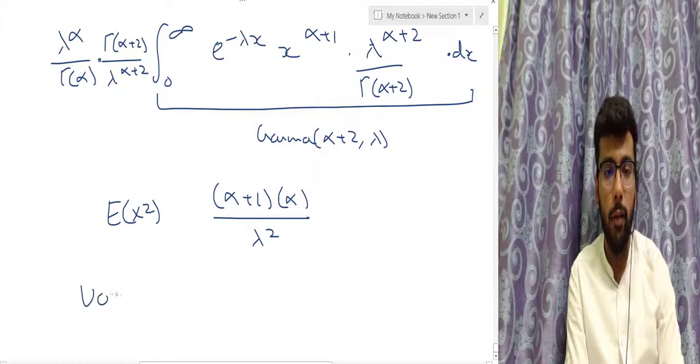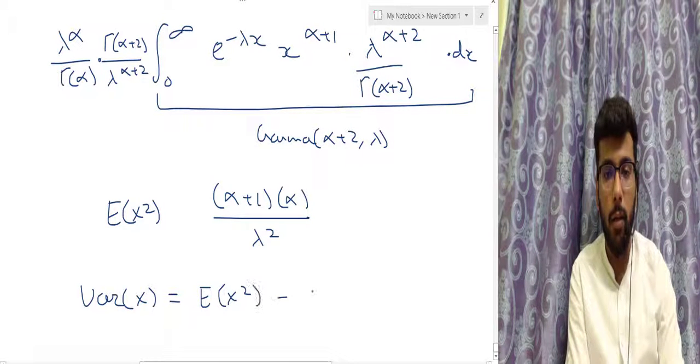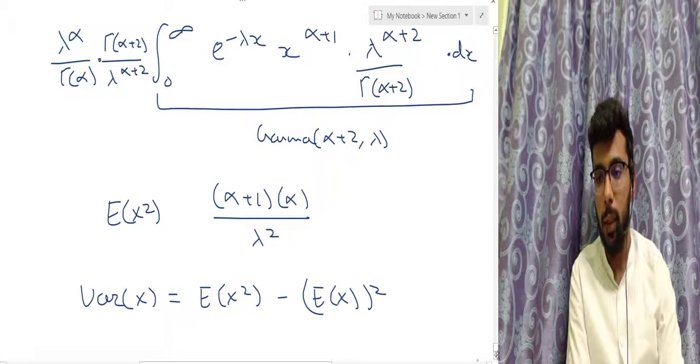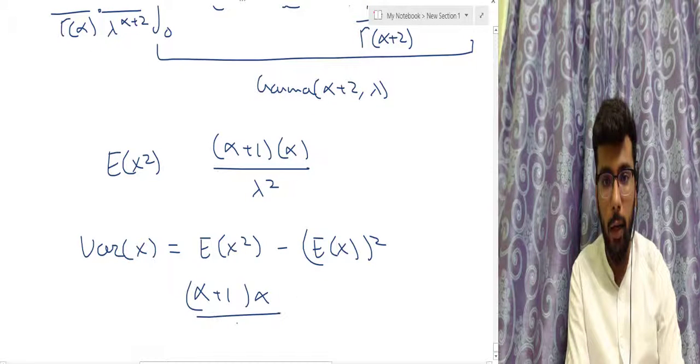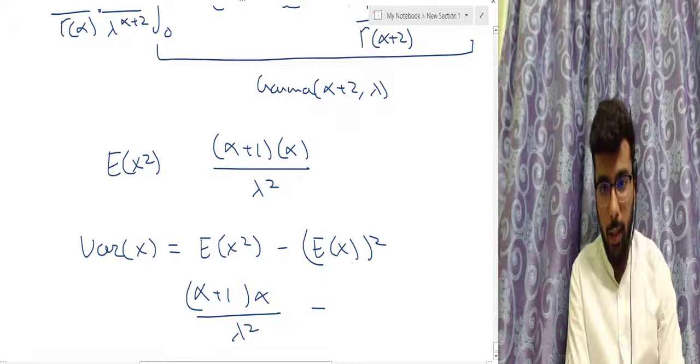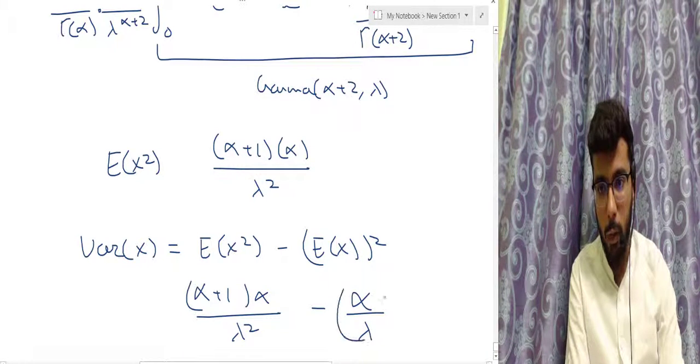So variance of x just becomes expectation of x square minus expectation of x whole squared, which is nothing but alpha plus 1 into alpha upon lambda square minus alpha upon lambda whole square, which we have already seen, expectation of x whole squared.